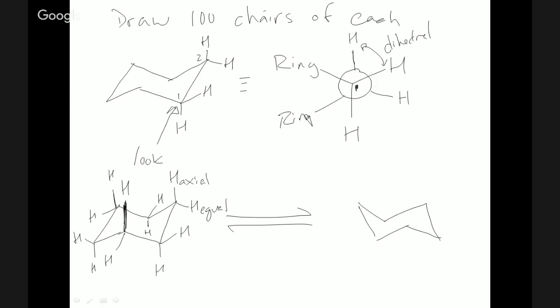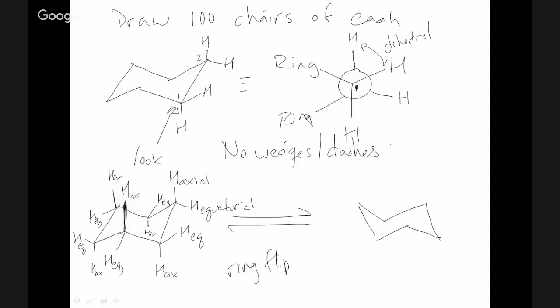These are called equatorial. Notice that this is called a ring flip, and it is not tumbling. We don't want any wedges or dashes. And the way to think about axial is it's on the axis up or down, and the equatorial is along the equator. It's kind of where the terms come from.